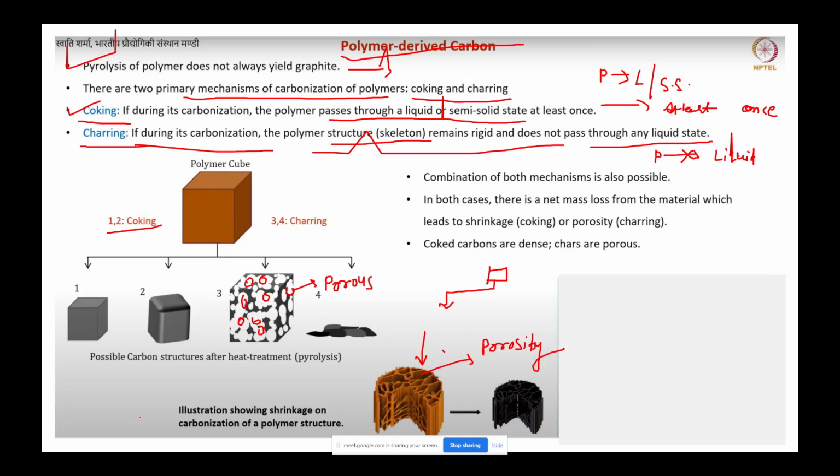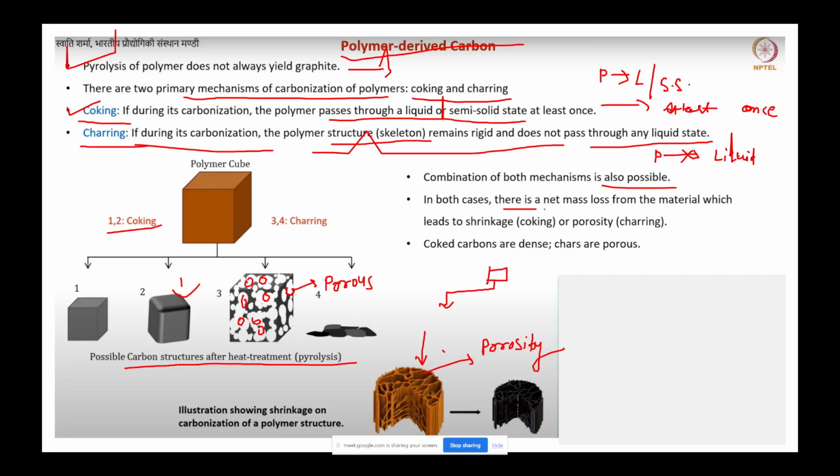This illustration shows shrinkage on carbonization of a polymer structure. This is the possible carbon structure after heat treatment, pyrolysis. After coking you form this kind of structure, but here it becomes porous. A combination of both mechanisms is also possible.